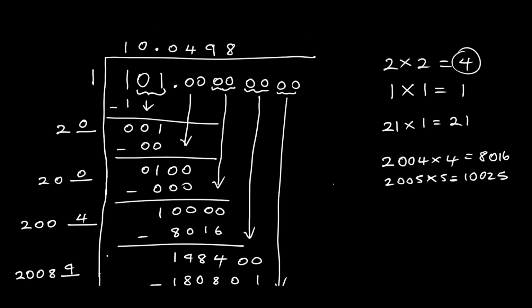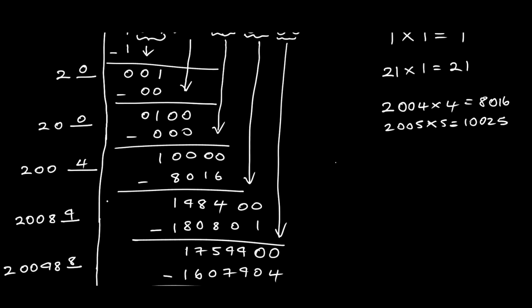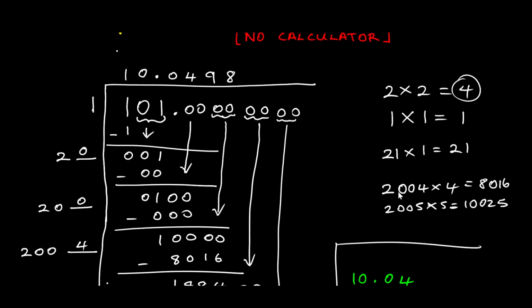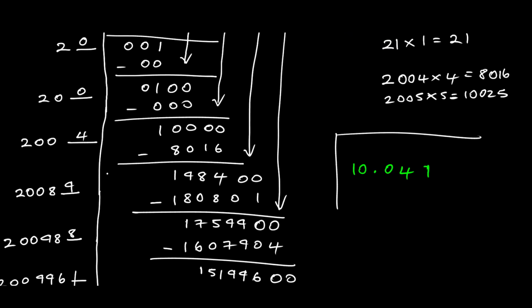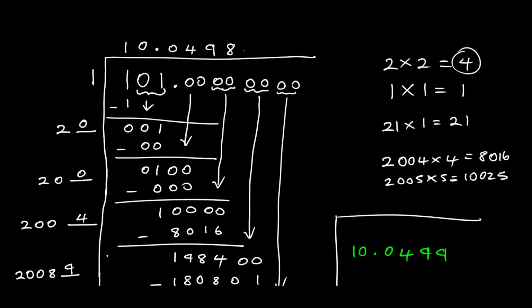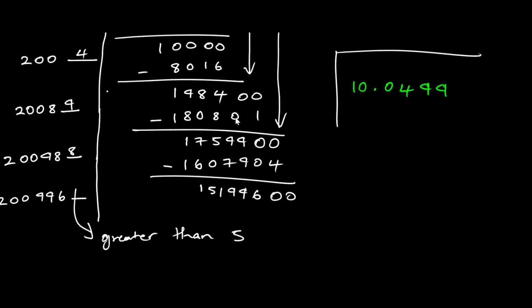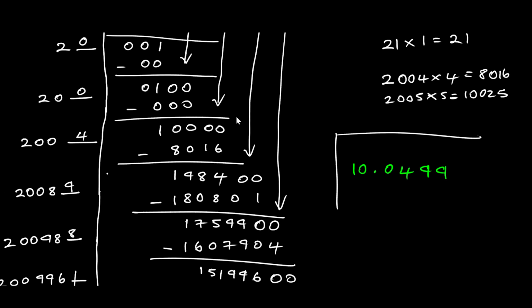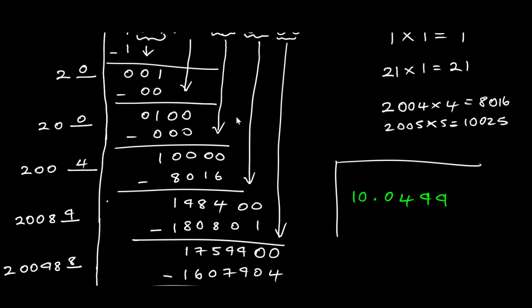So our final answer to 4 decimal places would be 10.0499, because the number after the 8 would be greater than 5. So that is how you would calculate the square root of 101 without the use of a calculator.